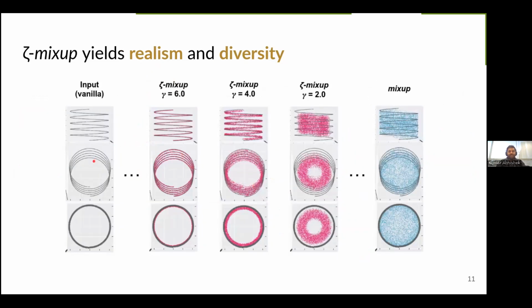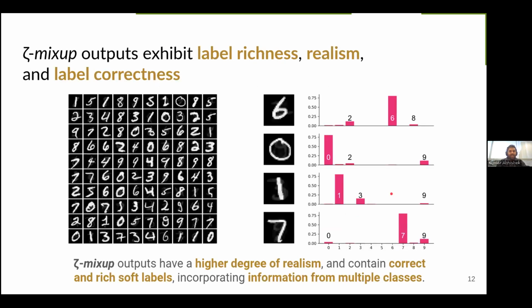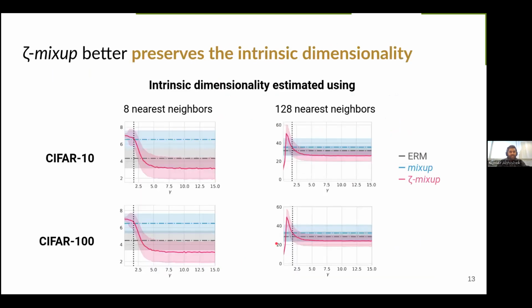A similar trend is observed when we look at 3D synthetic data distributed around a spiral manifold. We can see that the outputs of zeta-mixup, in pink, conform to the original data manifold better than mixup outputs. The outputs of zeta-mixup also look more real and have richer and correct labels. As you can see, they incorporate labels from multiple classes and correspond to the correct label of the generated image.